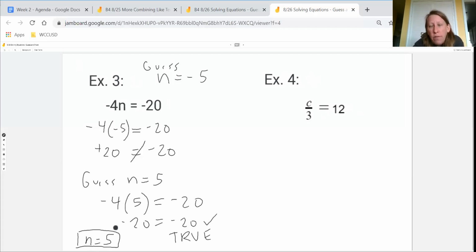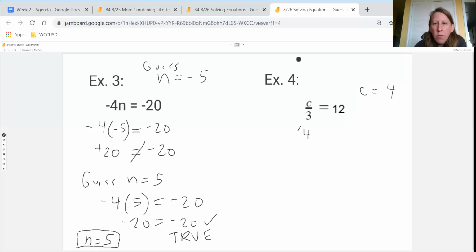N equals 5. Now this one can kind of mess with some people's heads. Often when I grade things, I see that people put that C is equal to 4. People think that maybe if there's a divide by 3 here and I divide this by 3, I can get 4, so I think that C is 4.